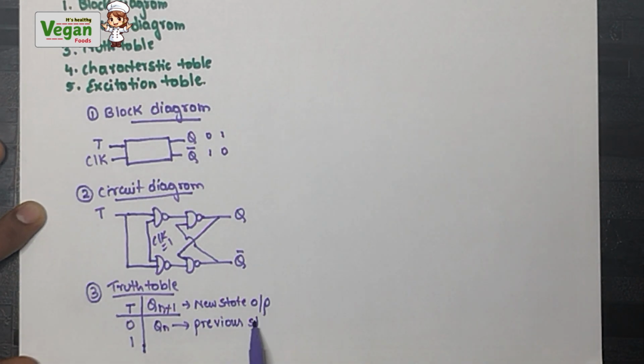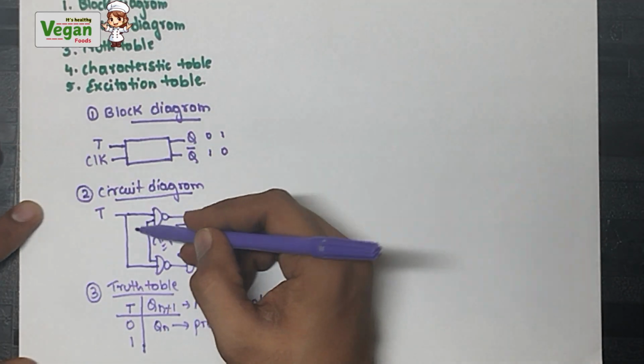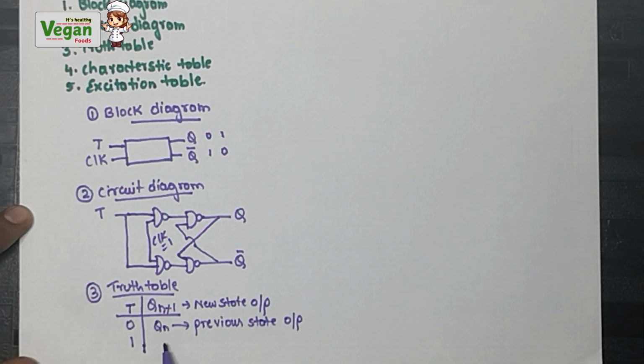When toggle is 0, no input is given, so the output will be equal to the previous state output. When toggle is equal to 1, that is input is given, the new state output value will be equal to Qn bar. Qn bar means the complement of the previous state output.